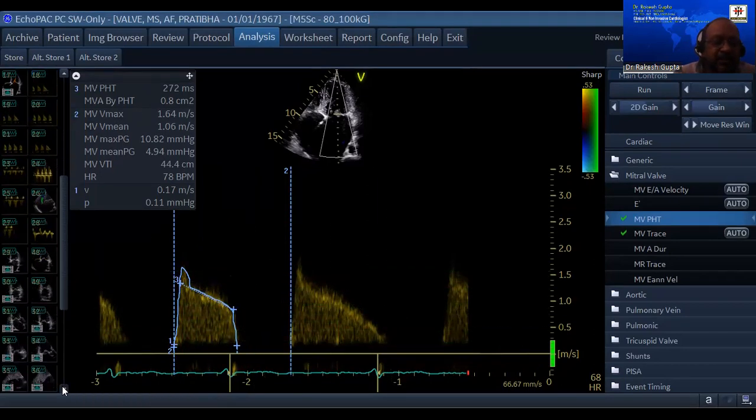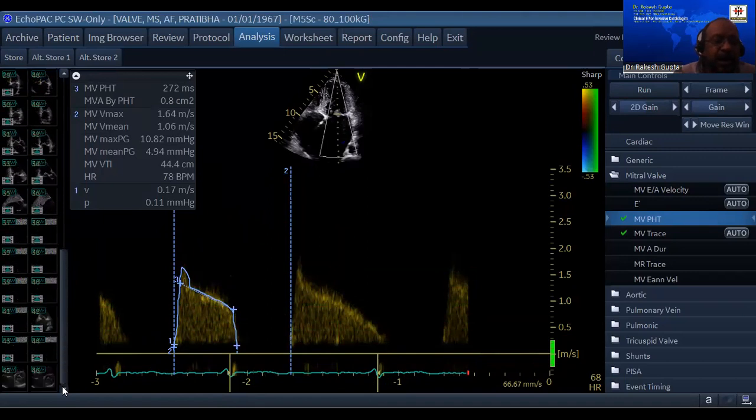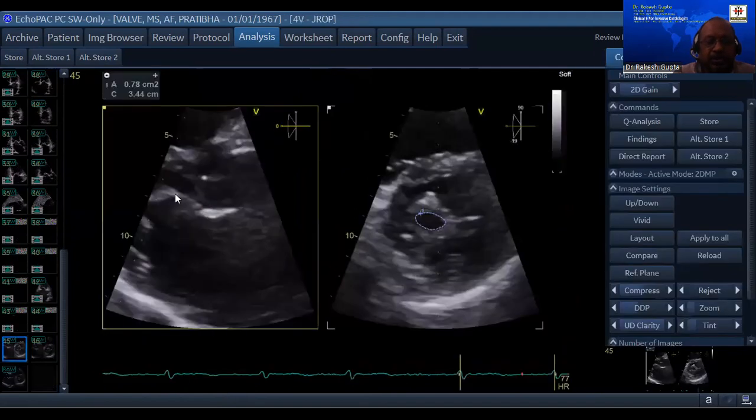As she said, we should go to the parasternal short axis view at the tip of the mitral valve leaflets. Jigna, you have been doing a lot of work. Tell me, how do you get to the best mitral valve area in parasternal short axis view?